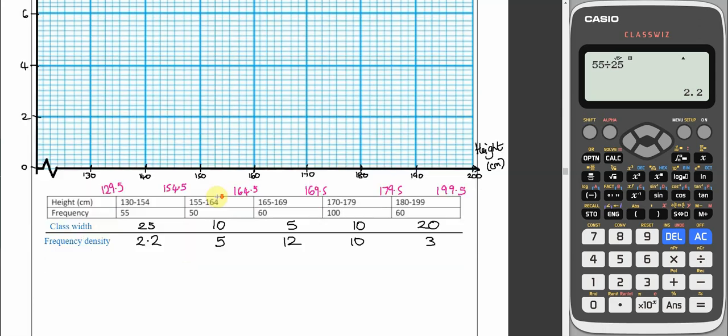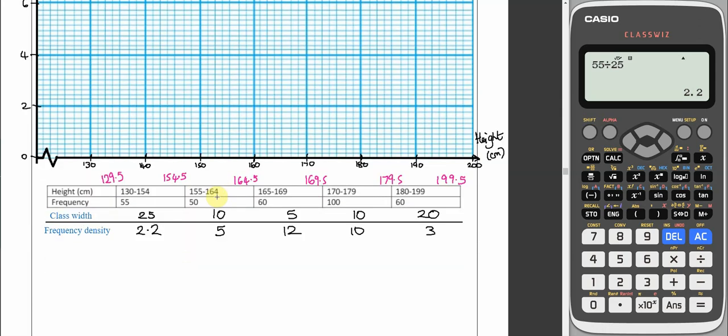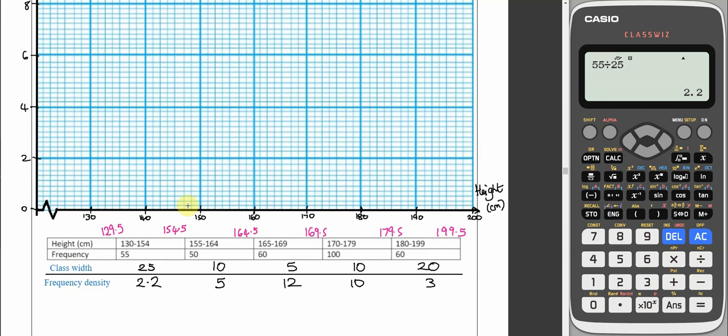In fact, it might look different on the paper copy. Hopefully your paper version of this graph paper has 10 little squares going across. If it doesn't, again, we apologize, but I can only see 7 little squares going across. So I'm just going to do the best I can, but make sure you draw the beginning of each bar and the end of each bar at the boundaries, so the 129.5, 154.5 and so on.